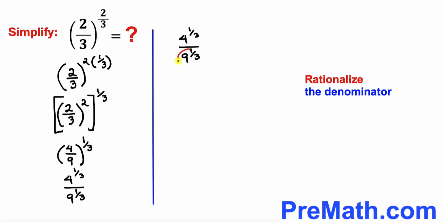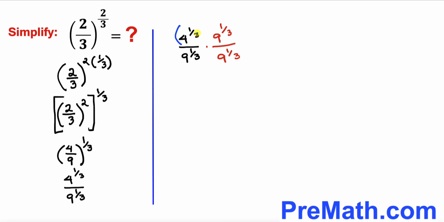And now we are going to rationalize this denominator by multiplying by 9 to the power 1/3, and at the very same time, I'm going to divide by 9 to the power 1/3 as well. Now we multiply the numerators and the denominators. For the numerators, I'm going to write our bases 4 times 9, whole power 1/3.